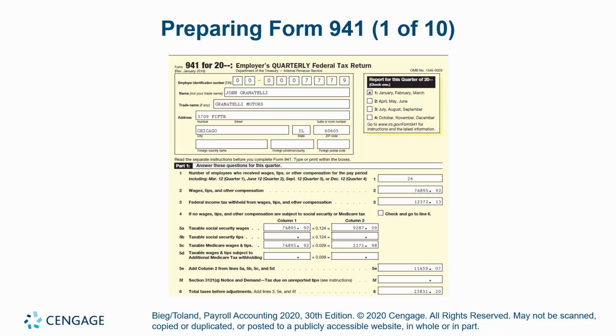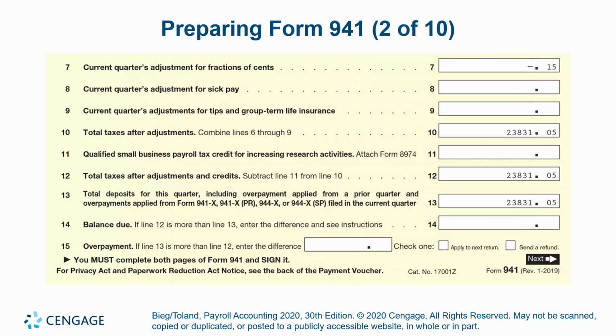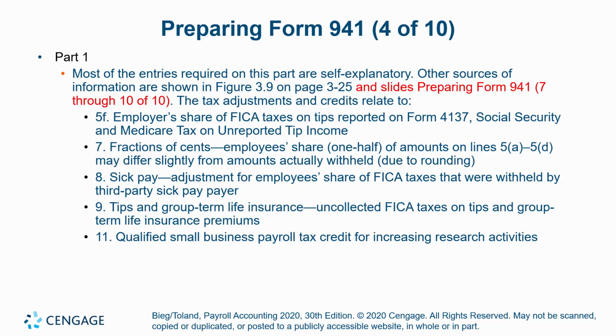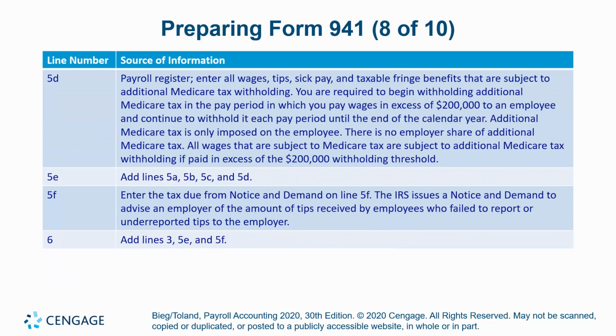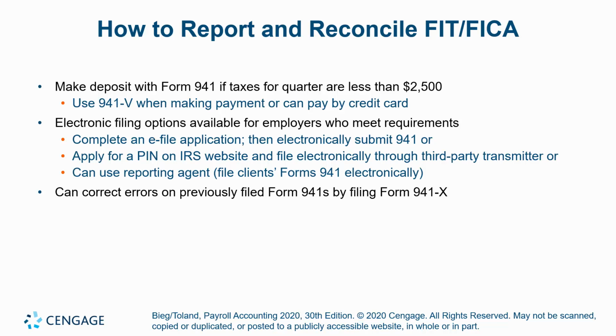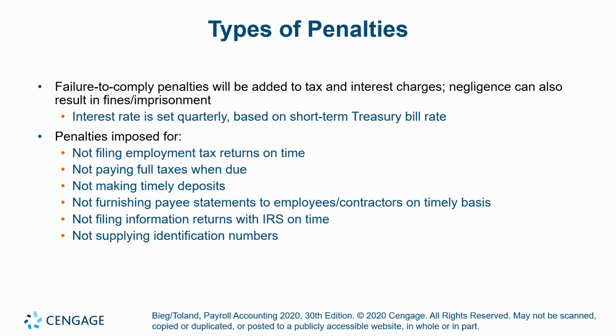Okay, I'm not going to go through all these because we're going to do them. What we're going to be learning how to do is preparing a Form 941. So just hop through that because we're going to do that together.